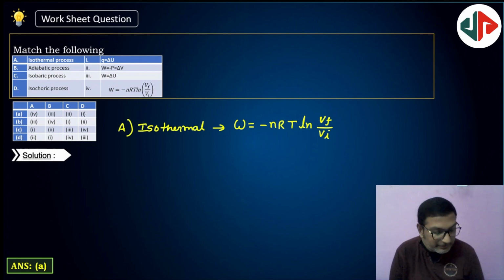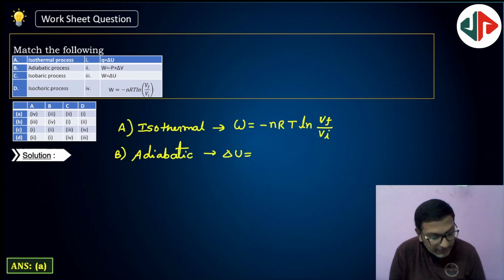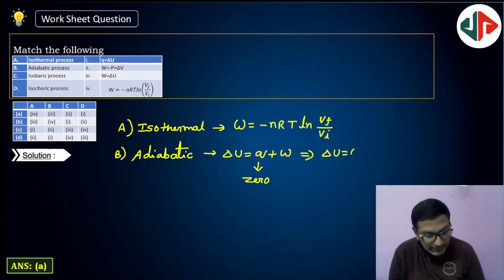Isothermal work. For B, adiabatic. For adiabatic, actually delta U equal to Q plus W. So Q is 0 for an adiabatic process. Therefore, delta U equal to W.